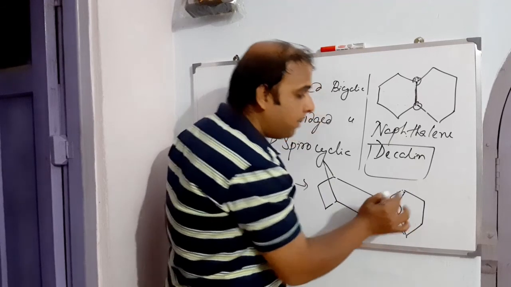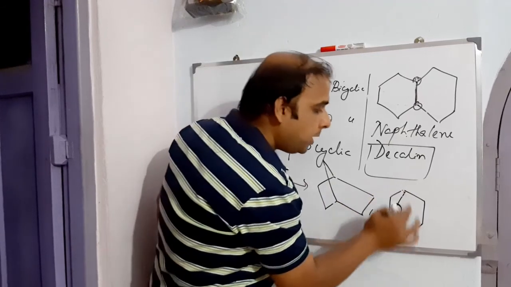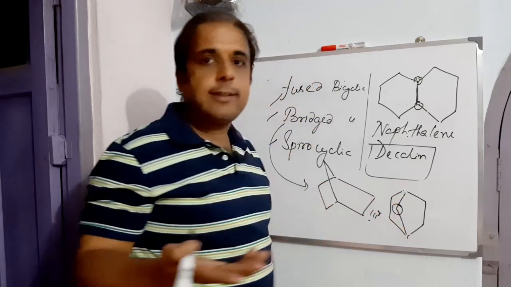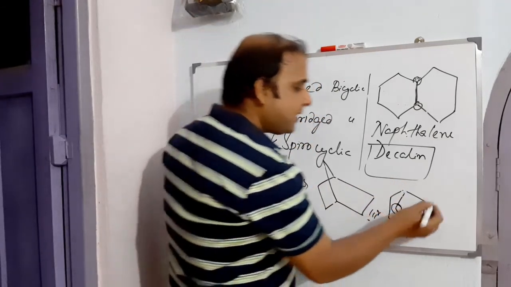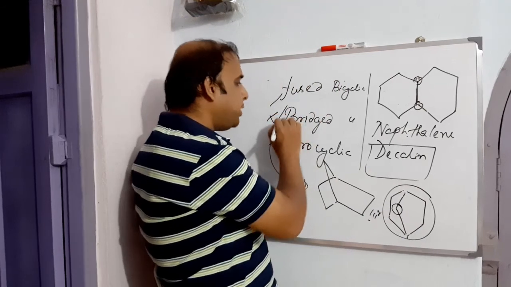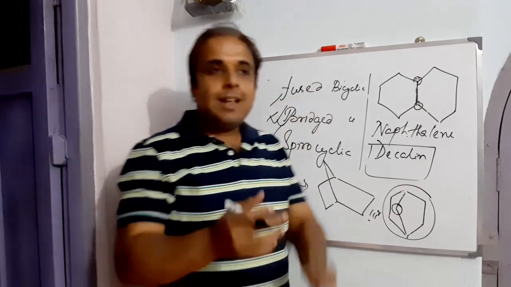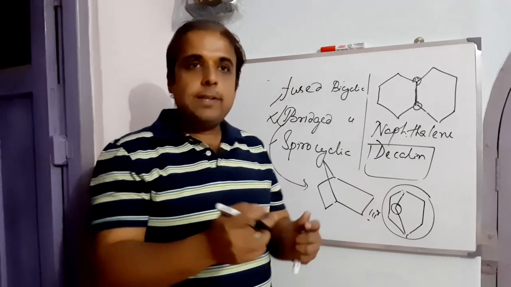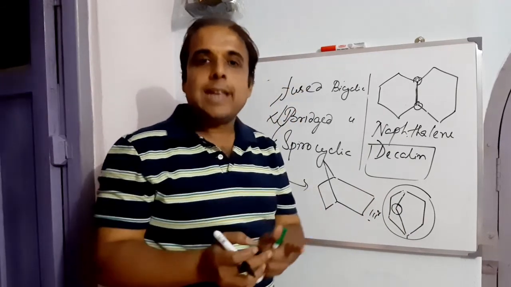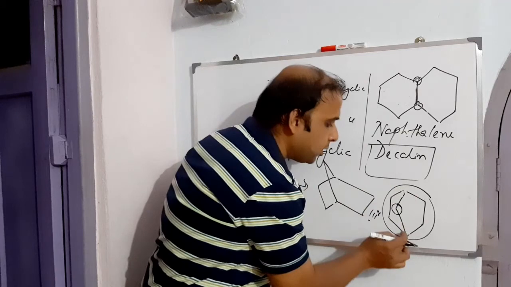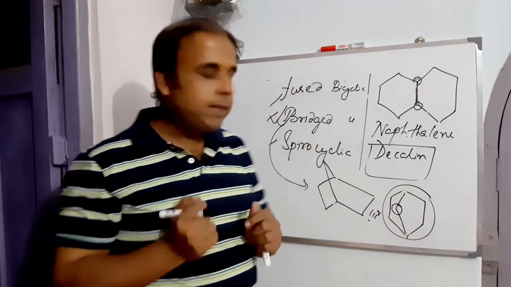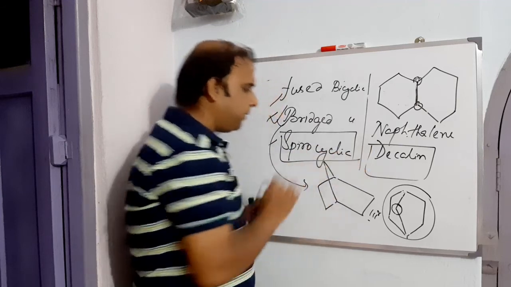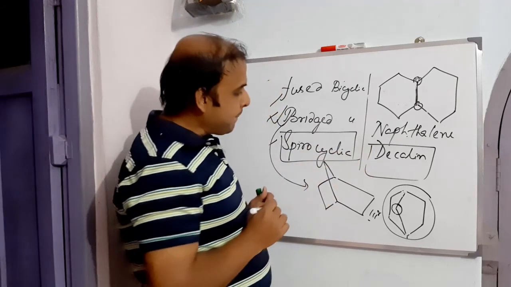That means these two carbons, which are common to both cycles, are placed non-adjacently. This is the feature of a bridged bicyclic system: a bicycle in which the two carbons common to both cycles are non-adjacent to each other. And as I said, we are left with the final one, that is spirocyclic.